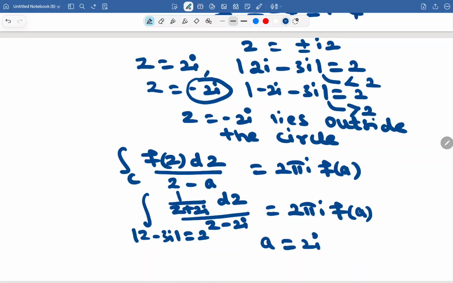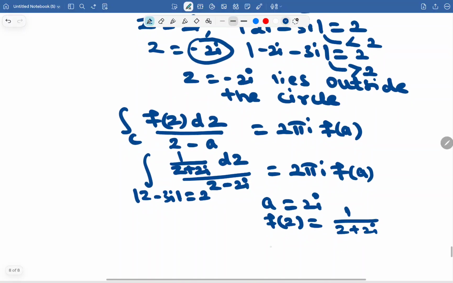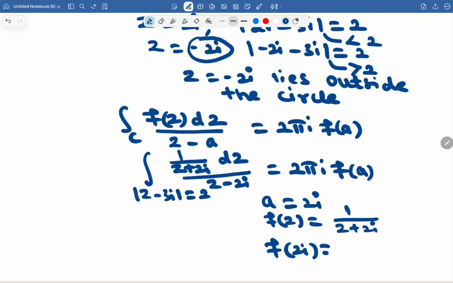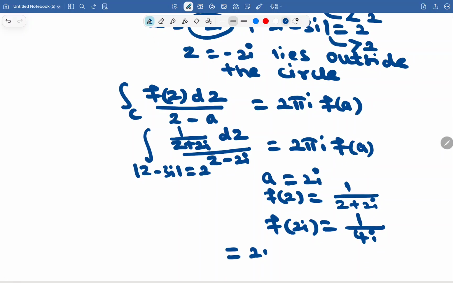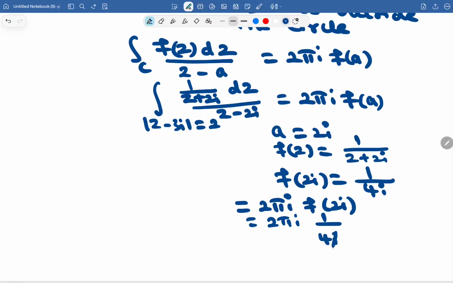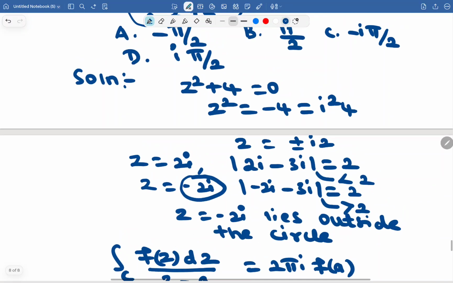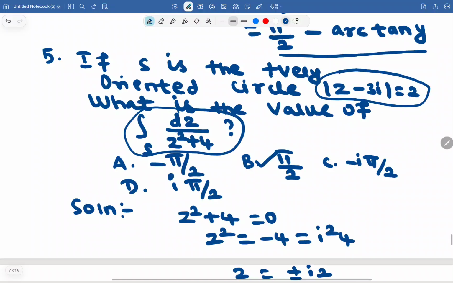Here a is 2i, f of z is 1 by z plus 2i. Find f of 2i, 1 by 4i, which is equivalent to 2 pi i f of 2i, equivalent to 2 pi i times 1 by 4i. I can cancel. Answer is pi by 2. Option B is the correct option for this problem.